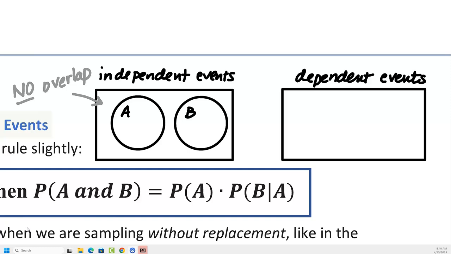But for dependent events, notice that there is overlap.